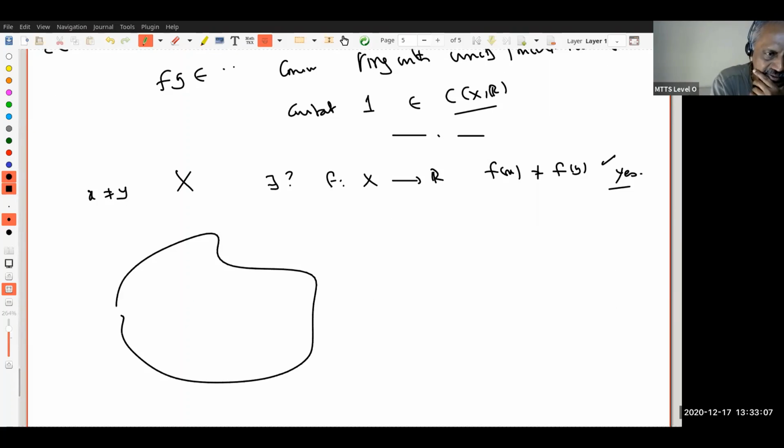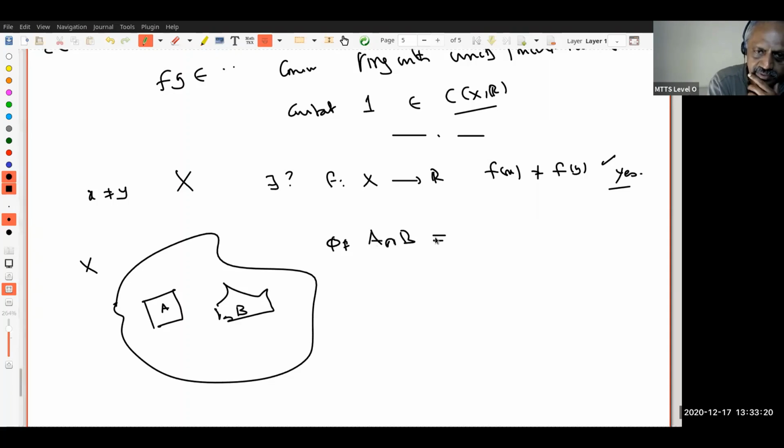So I have a metric space X and I have a closed set A and a closed set B, where A and B are non-empty and A intersection B is empty.